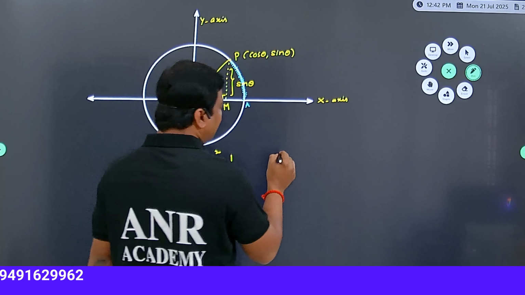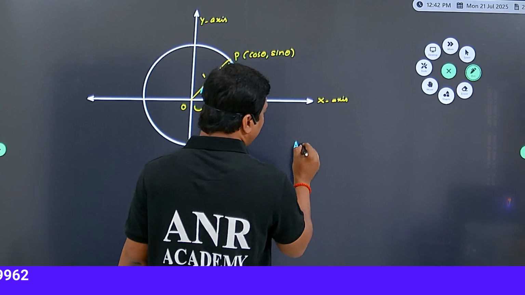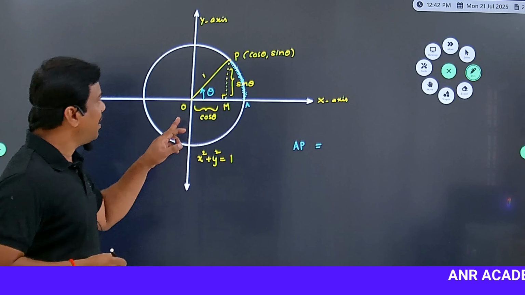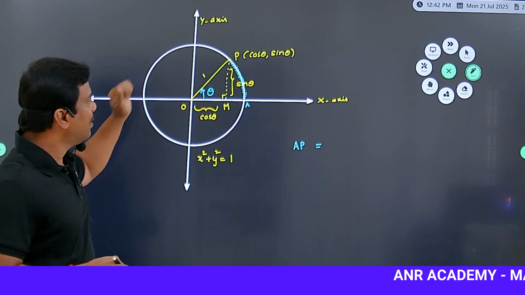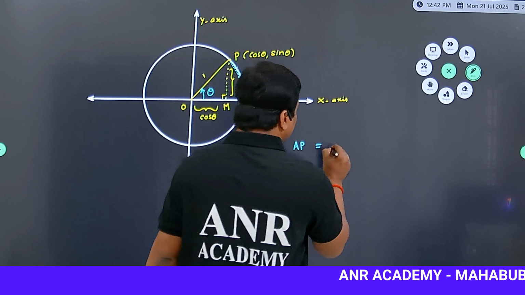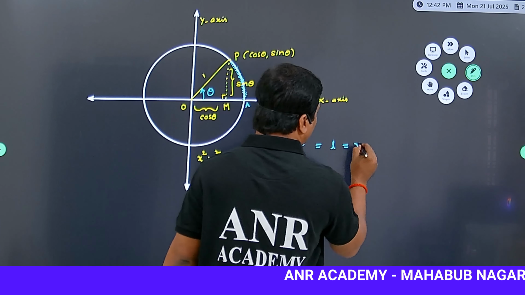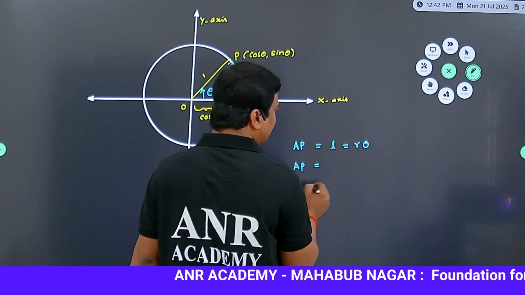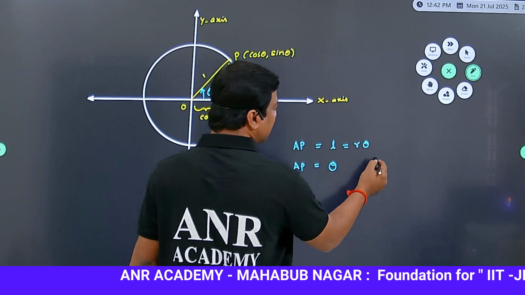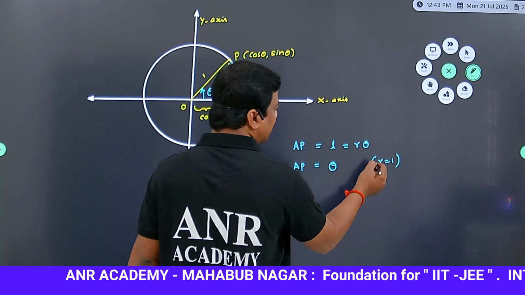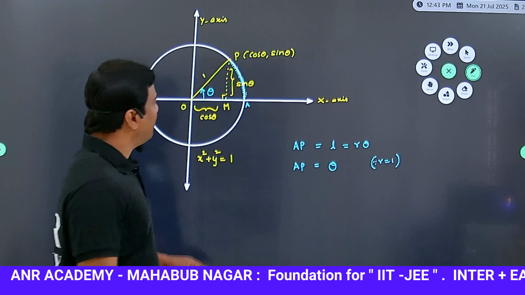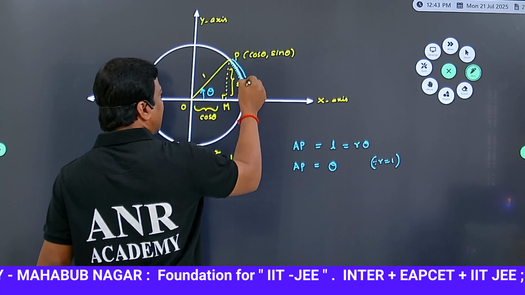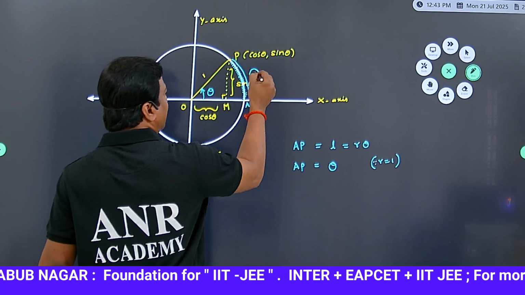I am going to write the distance AP from the figure. From this figure, AP is the length of the arc, with formula L equal to R theta. So the length L of AP is clearly theta. Why? Because the radius is 1 unit. Due to 1 unit radius, clearly this length is theta.